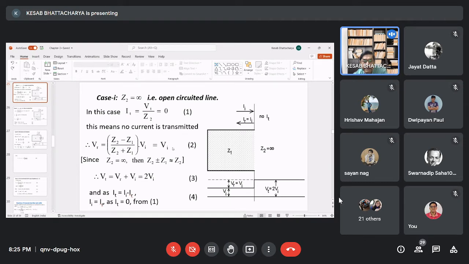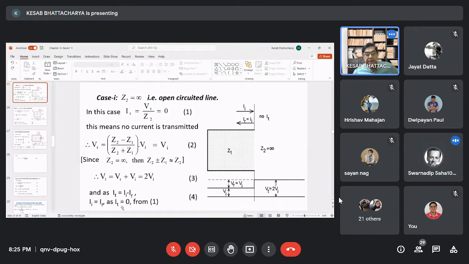Equation 2, do you understand this? If Z2 is infinity, then compared to Z2, Z1 can be neglected. Yes, sir. Therefore, Vt can be written as equal to Vr plus Vi, that is equal to 2 Vi.